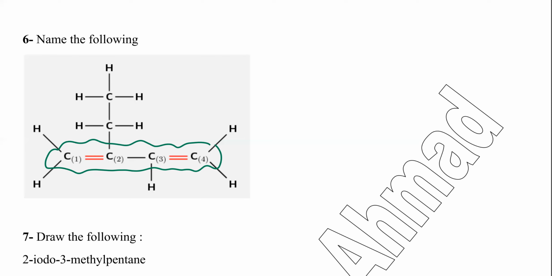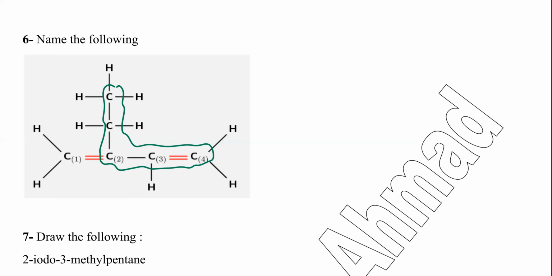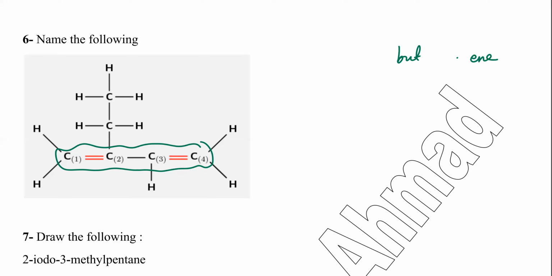So this is the only one that's possible, because if I go with this chain, then one of the double bonds is not on the main chain. So we're going to go with this thing. And that's but, and it's diene, because there are 2 of them. One is at position number 1, the other one is at position number 3. And you've got a 2 carbon atom branch, that's your ethyl.